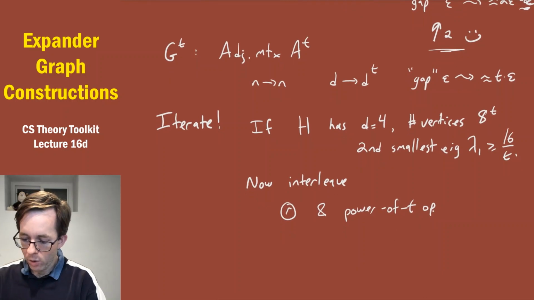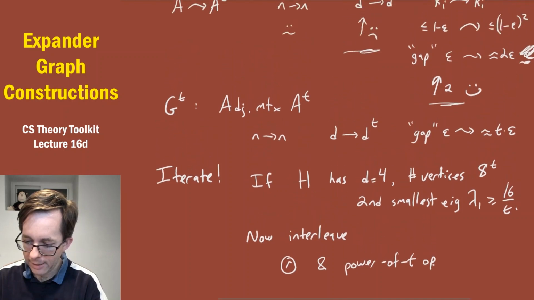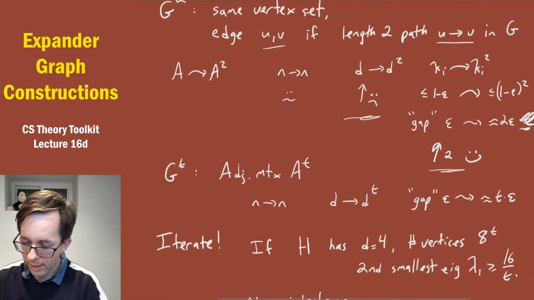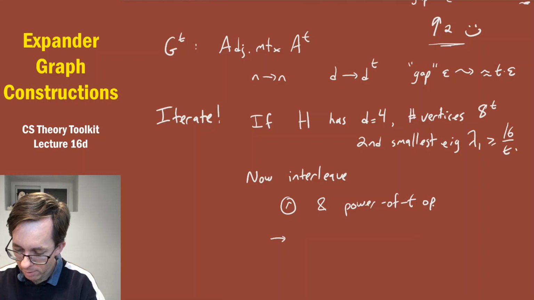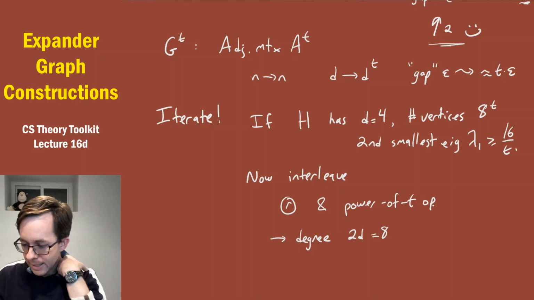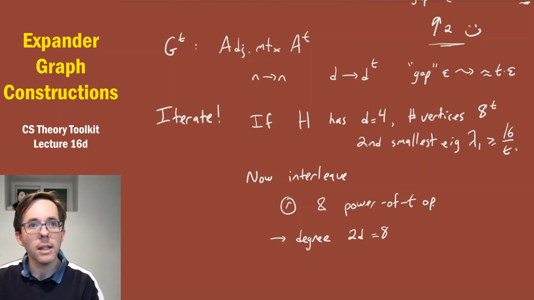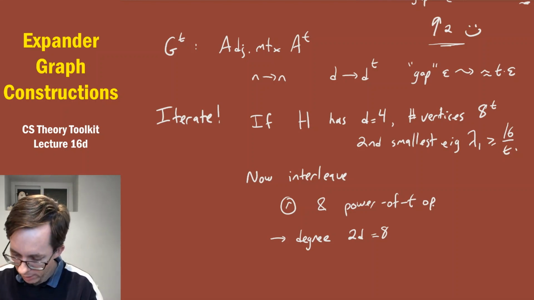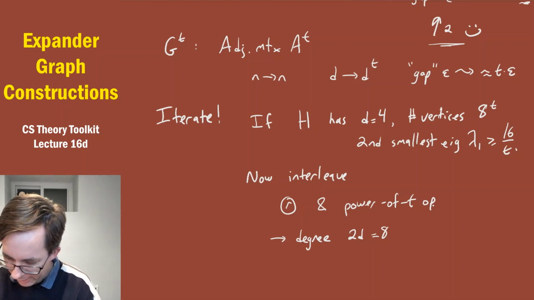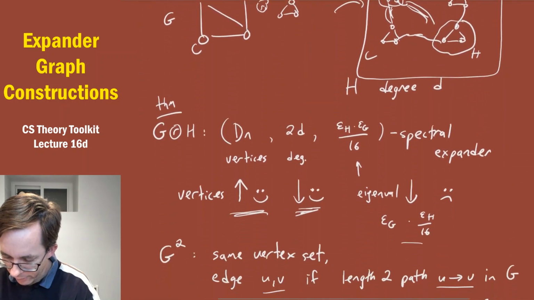We do the replacement product, and the degree becomes 2 times little d, which is 8. Let's work this out. Let's go back to our replacement product here.